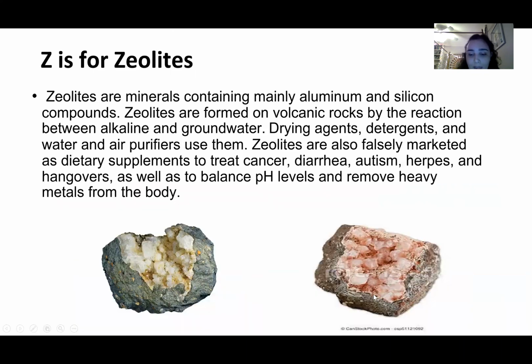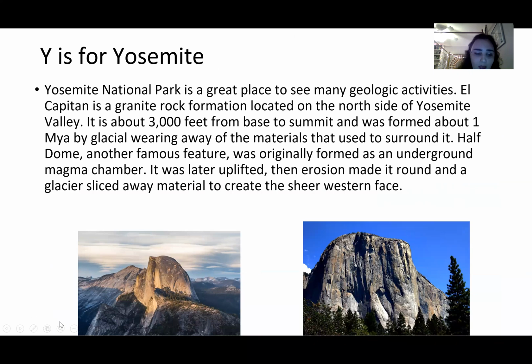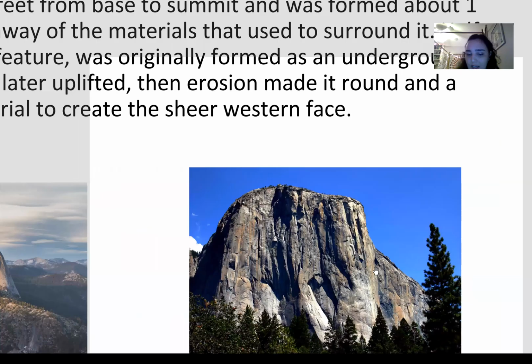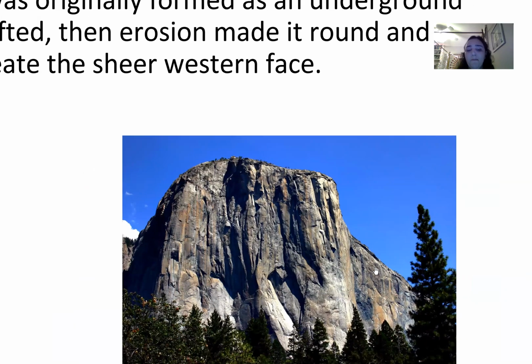But then another cool thing is, when I went to Yosemite in 4th grade, I was on a tour, and El Capitan was one of the last things we saw when we were touring the valley. The tour guide actually told us that the Beatles, when they first came on their first tour to America, saw El Capitan, and they saw this heart in the side of the mountain right here.